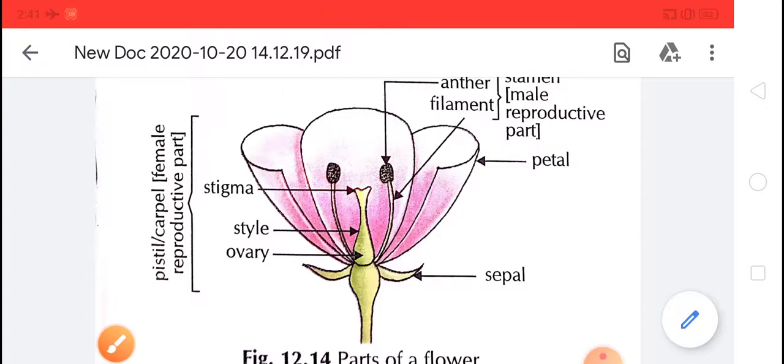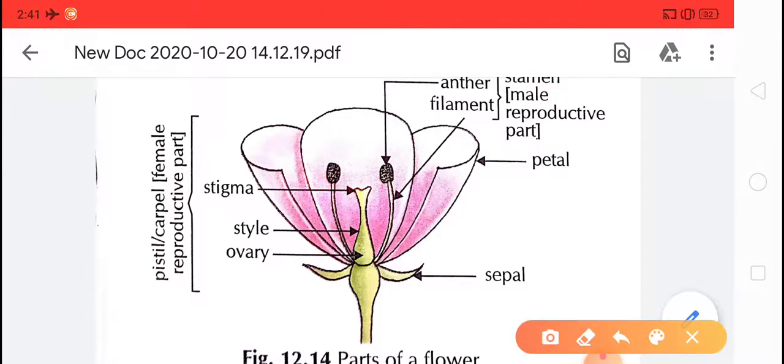Clear? Now children, what is the role of sepal? Sepal protects the flower during bud condition.